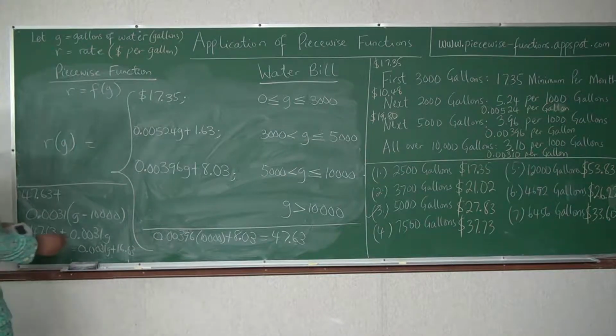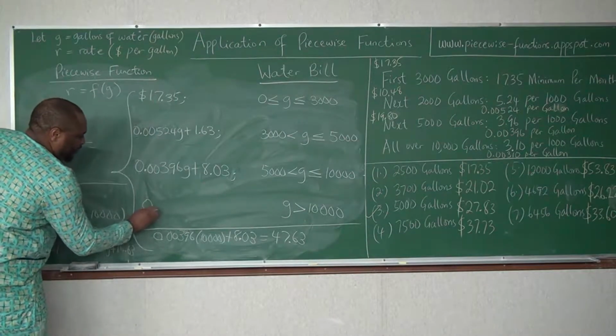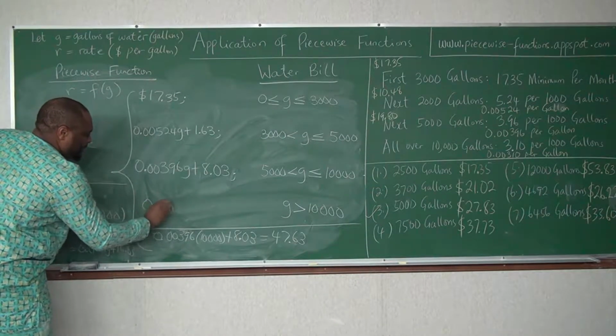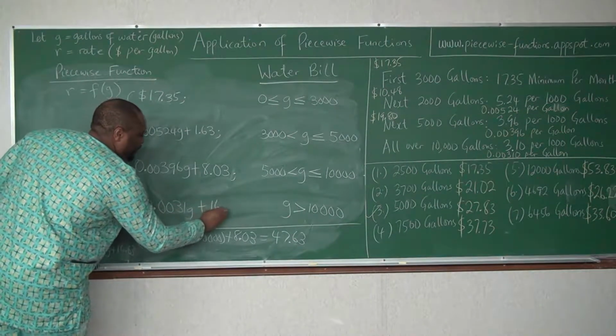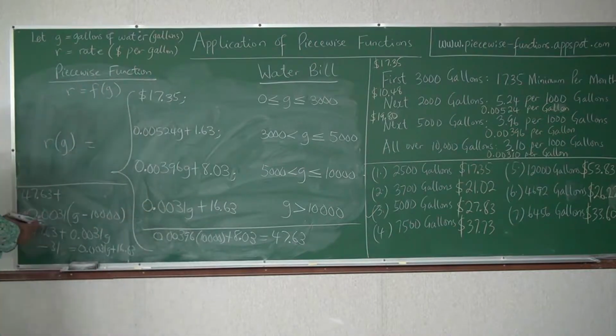Okay? So this gives us 0.0031 G plus 16.63. And that, folks, that is it. Honestly, that is it.